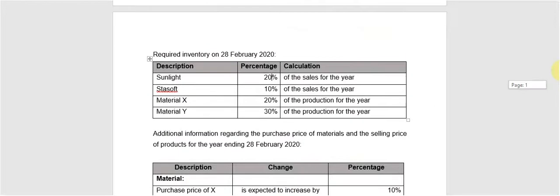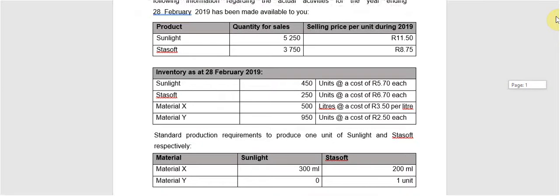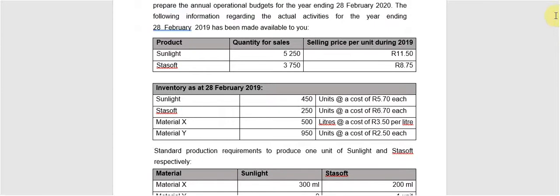So they've given you all the percentages that represent changes between the year 2019 and 2020. And when students didn't read properly, they struggled with this question. So just make sure that you read what the information relates to. And if percentages are given in terms of changing the figures to a new year, then you need to make sure that you apply it properly.